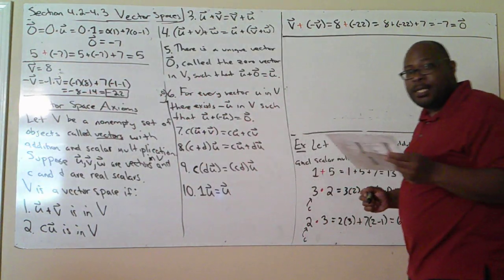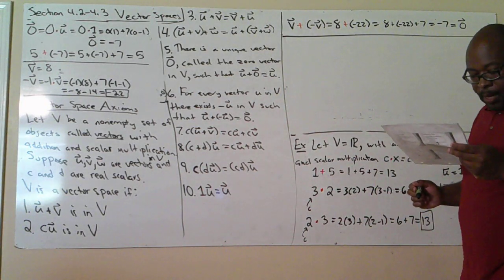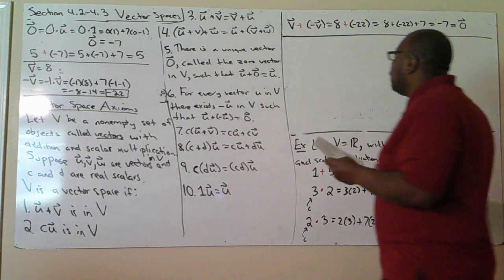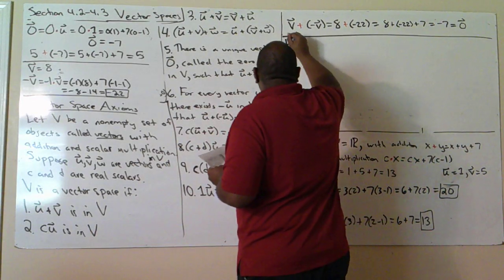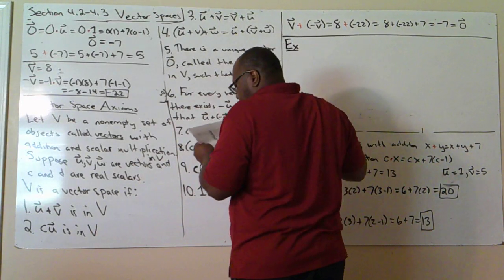I'm not going to do all of these examples that I have here. I'm just going to pick out a few. I'm going to actually do one that's not on there first.